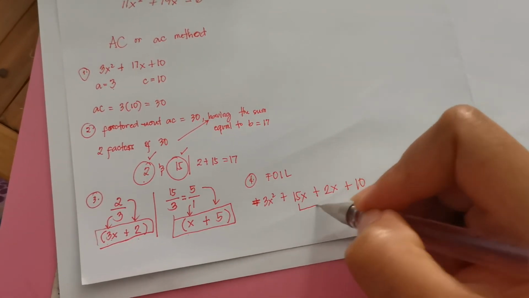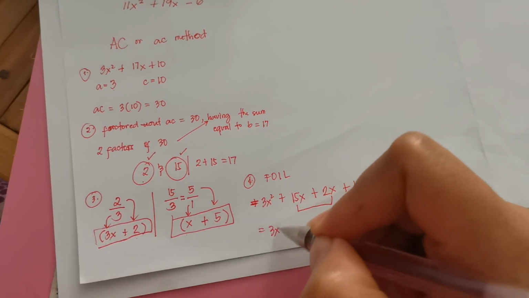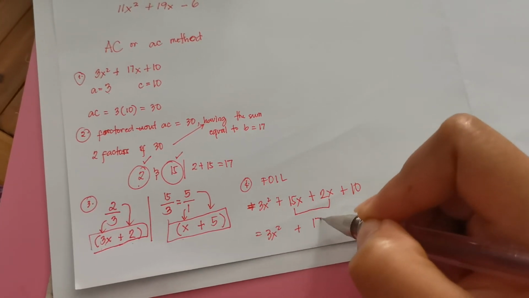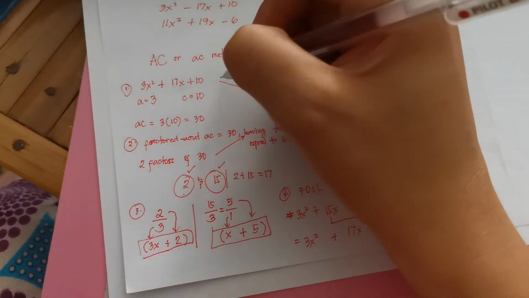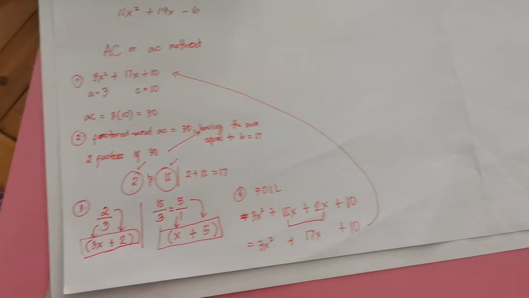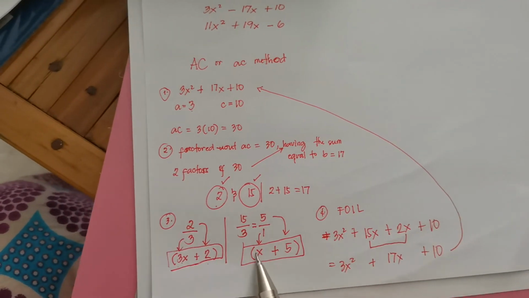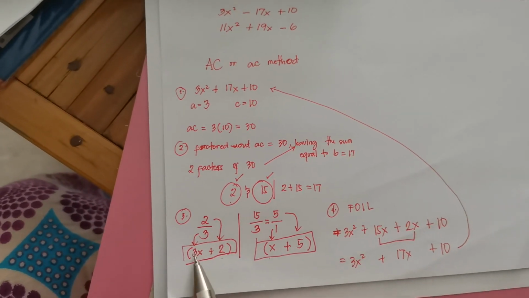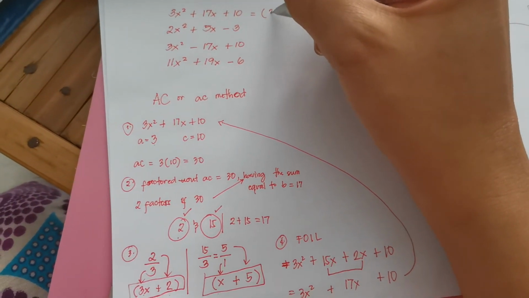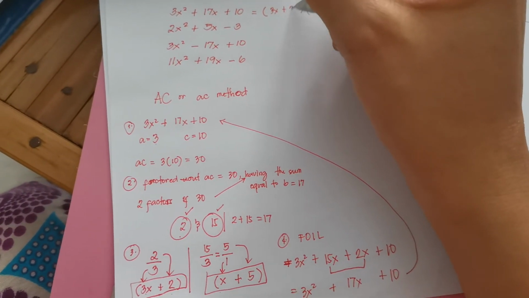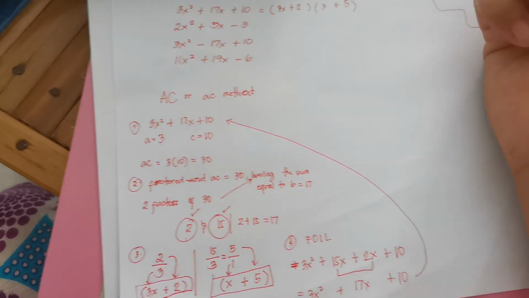Always remember we have here the common or same terms, so we have 3x squared plus 17x plus 10. And if it turns back to the given, then your factors are correct. Then finalize lang ha. Wala common factor, 5 and x. Wala common factor, 3x and 2. So the correct answer for number 1 example is 3x plus 2 times the quantity of x plus 5.